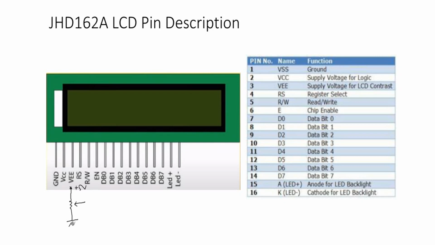And these are LED plus and LED minus, for the brightness. If it is connected in anode mode, you connect one to plus 5 volt, and the other to ground. Using these two pins you can control the brightness of your LED.